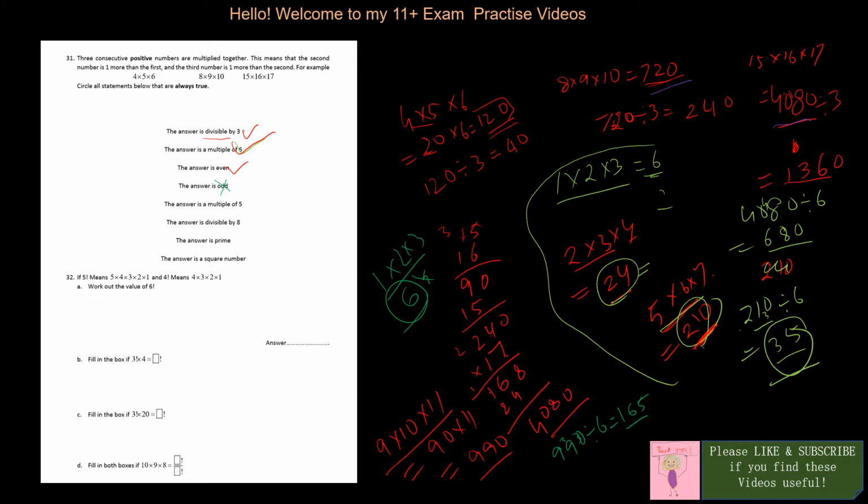The only case when it is not a multiple of 5 is 1 times 2 times 3, which is 6.